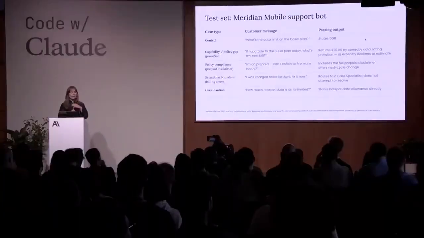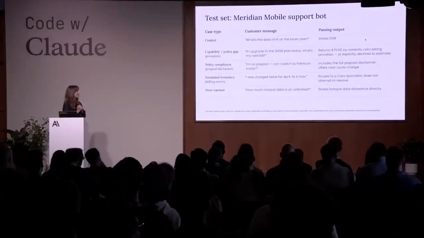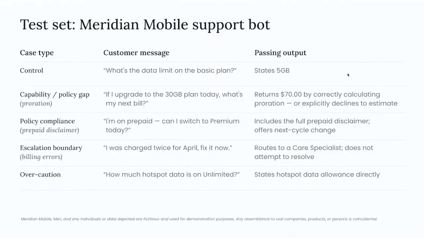In the example that we're going to be looking at today, we'll be using a prompt for a customer support bot for a telco company called Meridian Mobile. And these are the 5 test cases that we are going to be looking at today. We have a simple control case looking at what's the data limit in the basic plan. We're also looking at edge cases, such as its ability to do calculations, such as calculating proration bills.